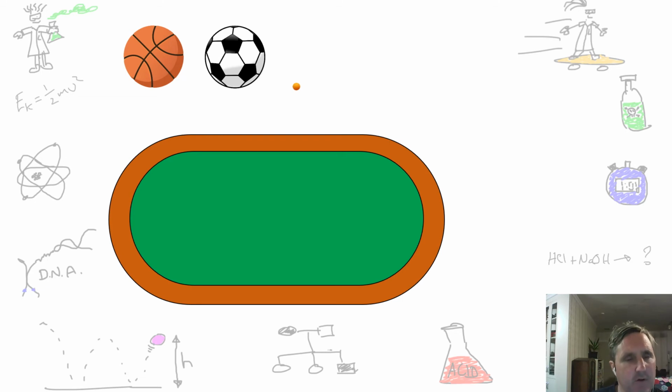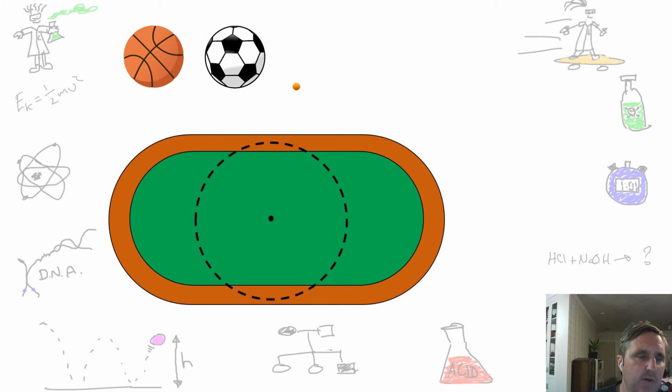Now if we can imagine that we have a running track, a 400-meter running track, and we have a field in the middle of it. If this is the center of this running track, and this circle here represents the outside, the center of the circle is where the nucleus would be.